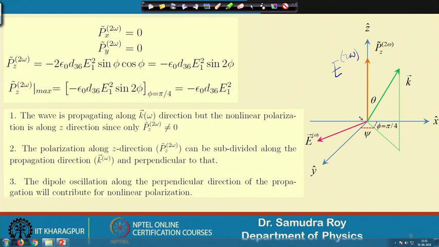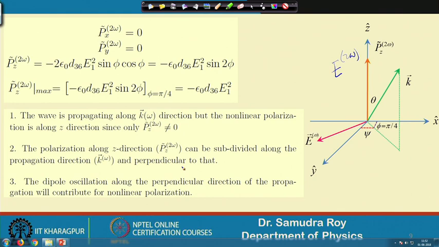But the question is, in this particular case, let us see what we have so far. We have a propagation along k direction, but the nonlinear polarization along z direction, since P z is not equal to 0. So, nonlinear polarization is along this direction. The propagation along z direction can be subdivided along the propagation direction and perpendicular to that.